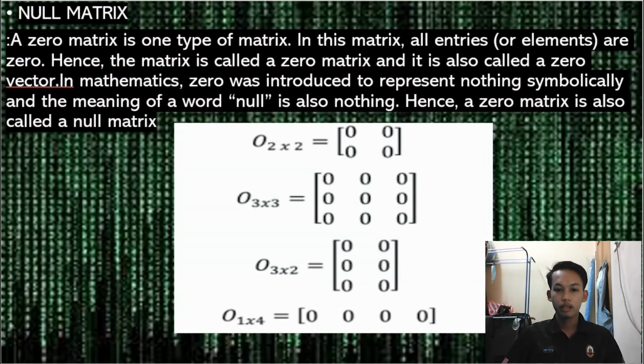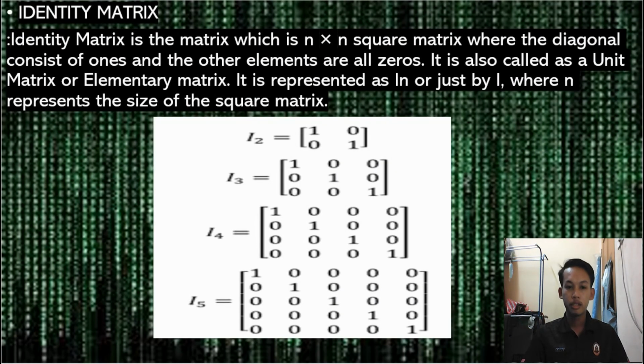5. The null matrix is the matrix whose every element is 0, called a null or zero matrix, and it is denoted by 0. Example, A is a zero matrix of order 2 times 2. 6. The identity matrix is a rectangular matrix or square matrix.